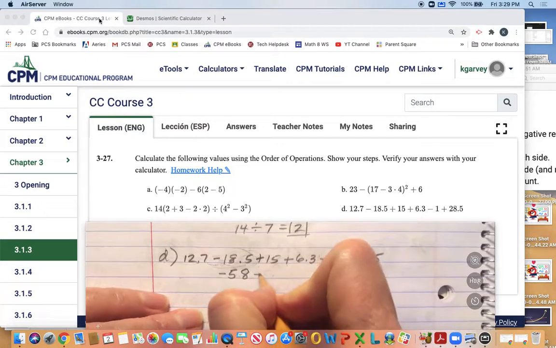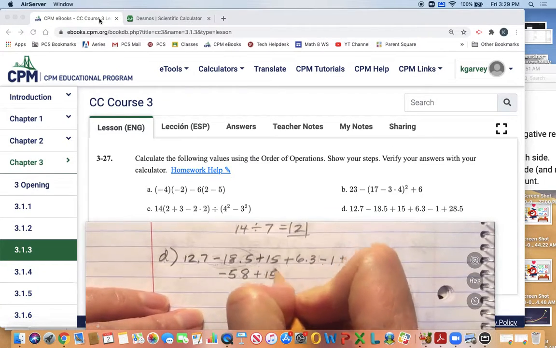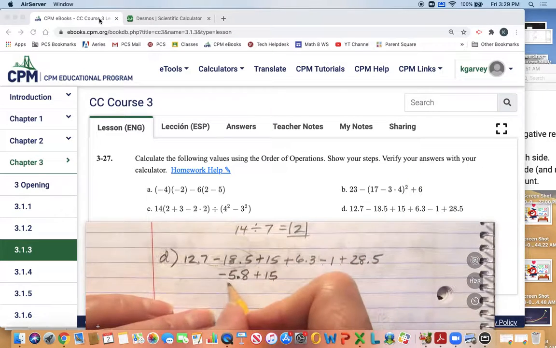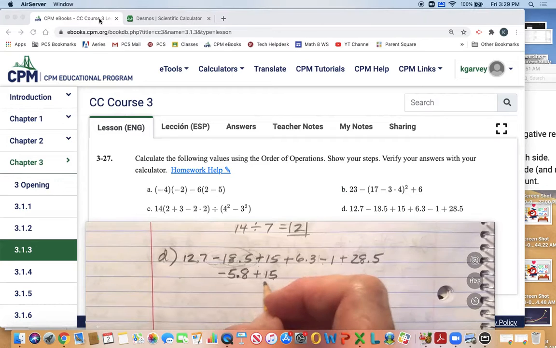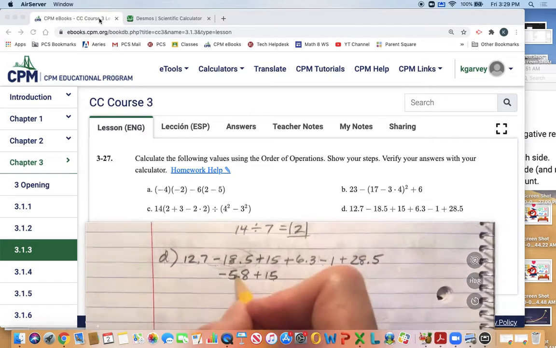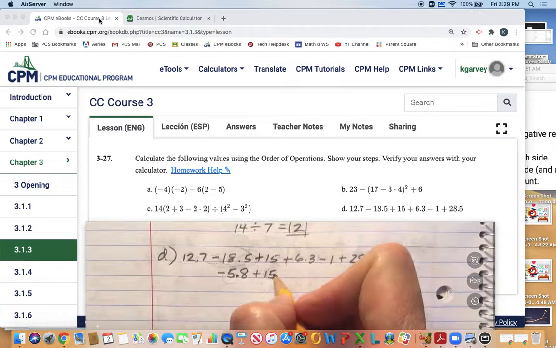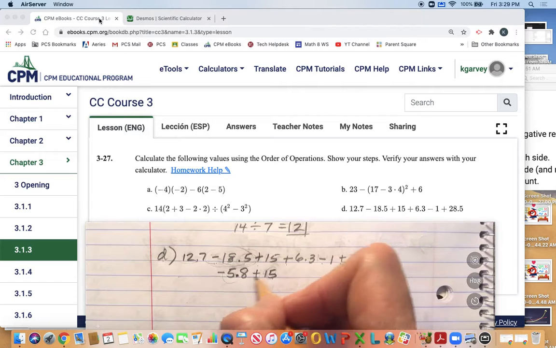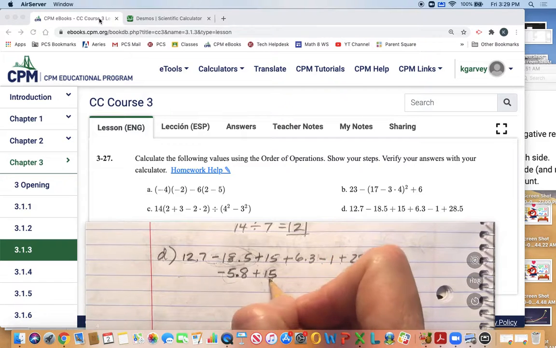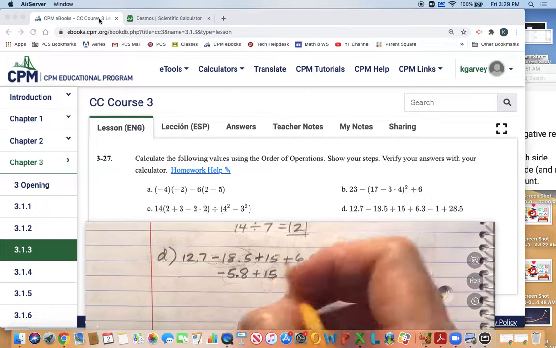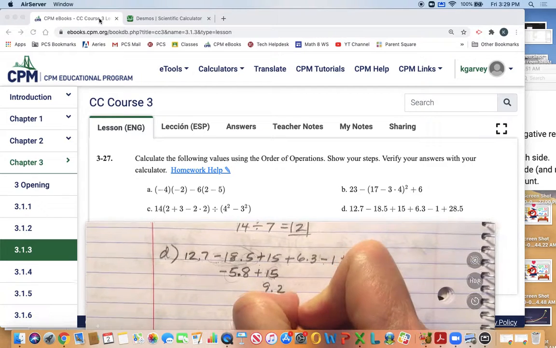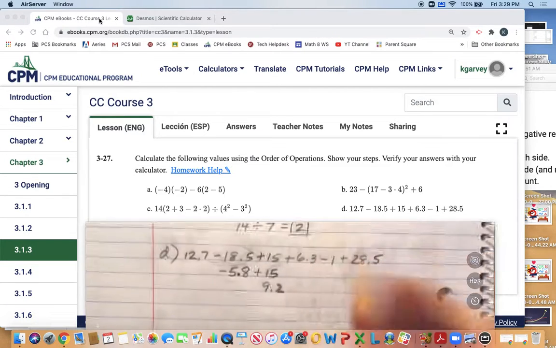So now we're going to add that to the next thing that comes along, which is 15. So a negative 5.8 and a positive 15, so we've got a negative 5 and a positive 5. So we can just eliminate those and think of this as a negative 0.8 from 10. And so that makes it 9.2, a positive 9.2.